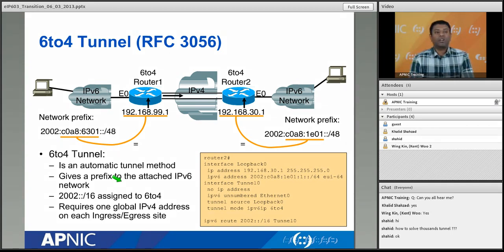So in this sort of tunneling, the concept is you have a special address reserved, 2002::/16. Every network that wants to communicate with the other side running IPv6 uses this special address 2002::/16, and then afterward they embed their v4 address inside it.